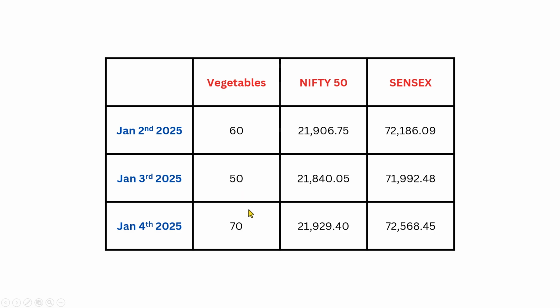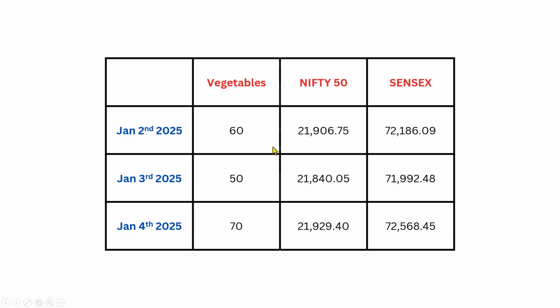And on January 4th, it has increased to 70. So your mother comes to know about the price fluctuation or price movement of the vegetables by looking at these values.